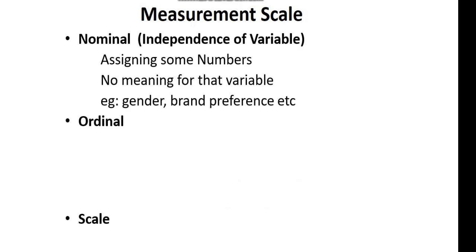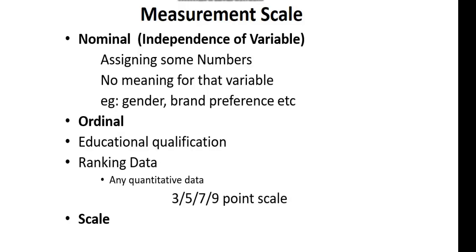Like that, brand A and brand B. So it does not carry any meaning. Ordinal type of data consists of some order. If you take educational qualification, it has some order: higher secondary level, UG, PG. So this type of question comes under ordinal. Ranking questions also come under this category.